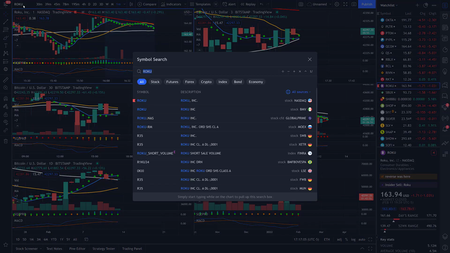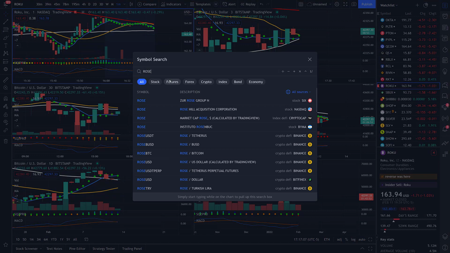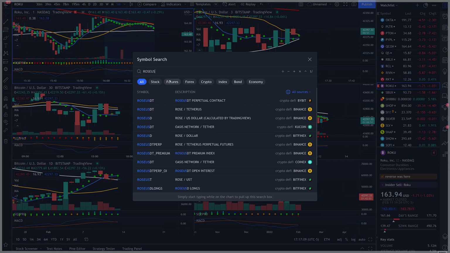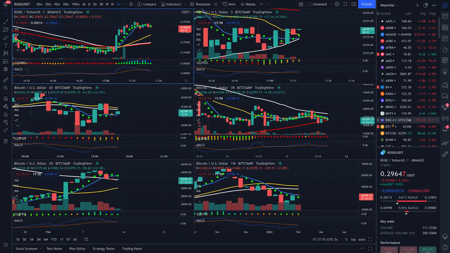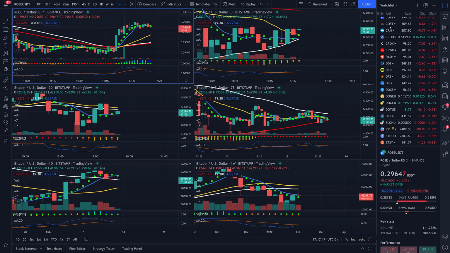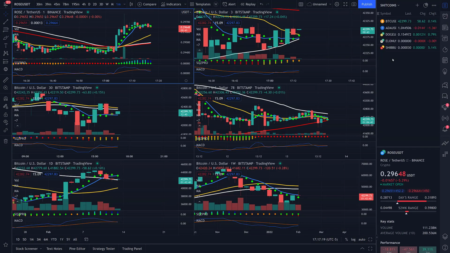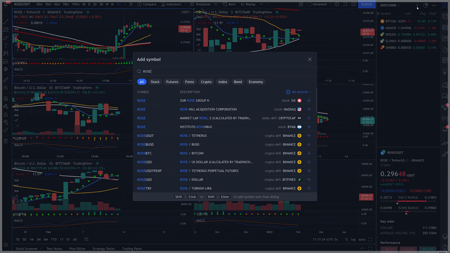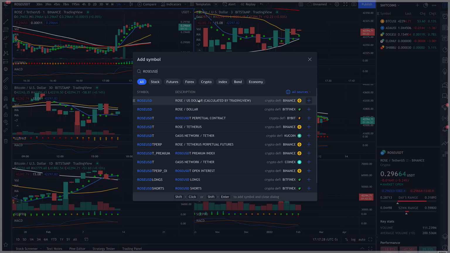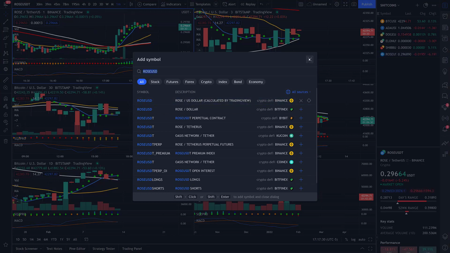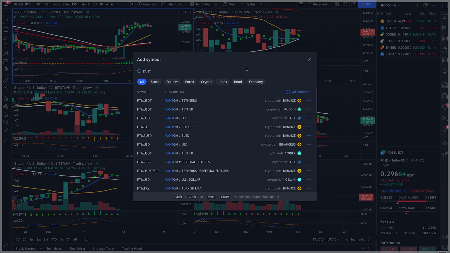Let's put in Rose USDT, somebody showed me this one. Right? And then actually just go to my shitcoins right now, and then add it here. Rose. And then Phantom.